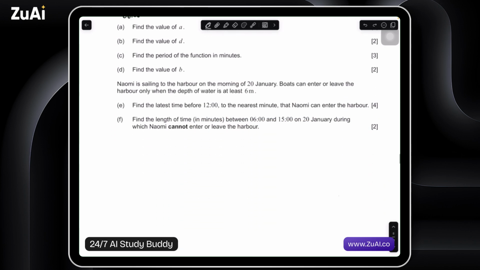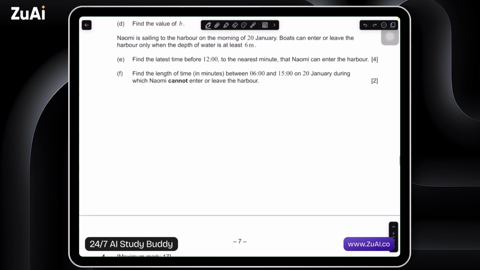All right, so let's just have a quick overview of trig functions. I'm going to draw a set of axes, and let's draw it for this instance of the depth of the water as a function of time, and they're telling us it's A cos B of t plus d.